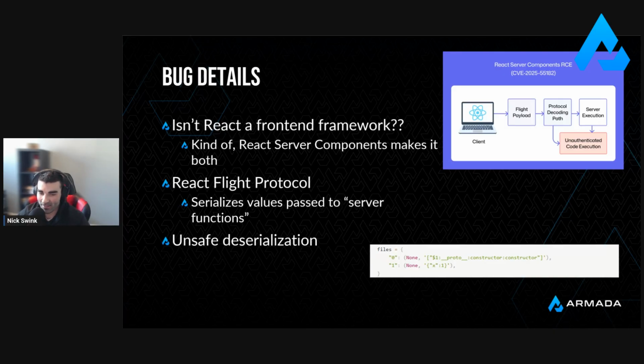You can reference the prototype object of an object and reference other parts of the global JavaScript functions, like pull in different things like child process if you go up the chain of the object, and then you can execute code.